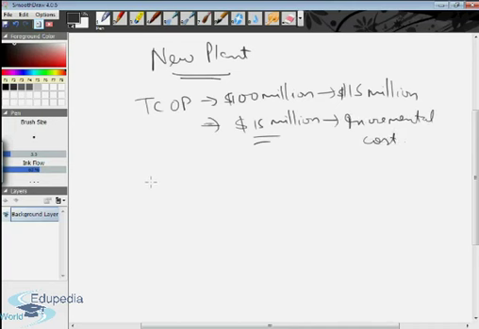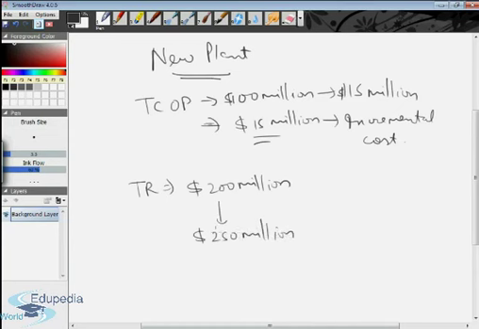Now after using this plant, we produce bulk products, and then we sell these products in the market. Initially our total revenue was $200 million, but after this plant and by selling the products produced by this plant, our total revenue increases to $250 million.